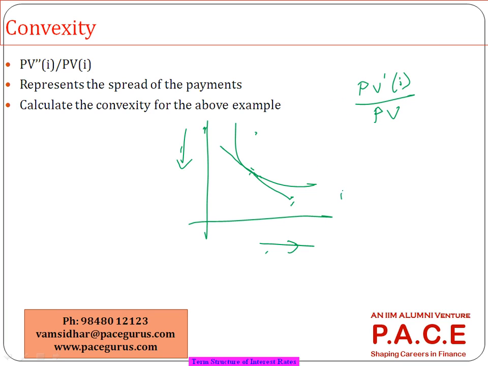Now, when I'm using the duration to estimate the percentage change in price, in this area of the interest rates there is not much of a problem. The line and the curve more or less overlap. Whereas at very high or very low interest rates, the duration is predicting only this much, whereas the actual price is here.